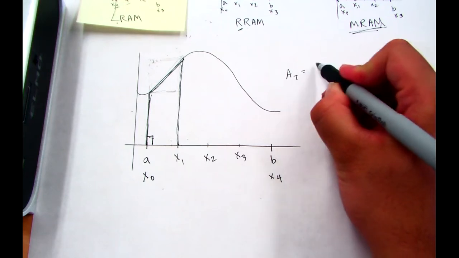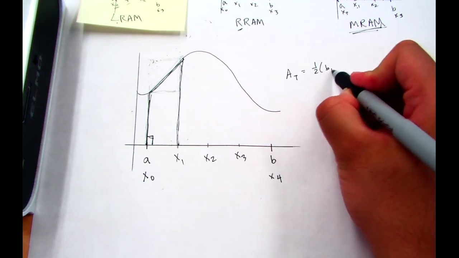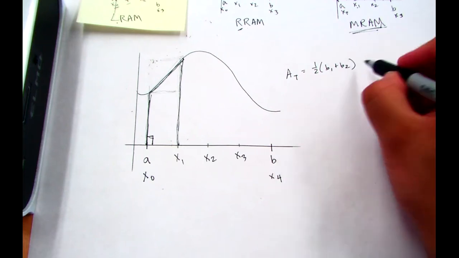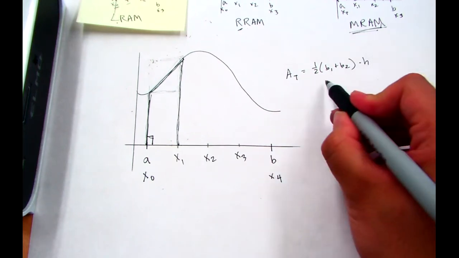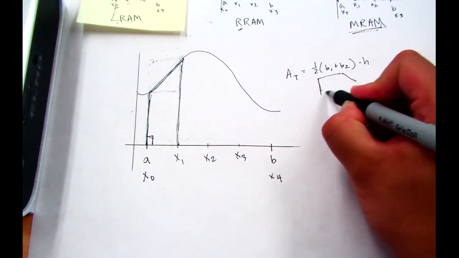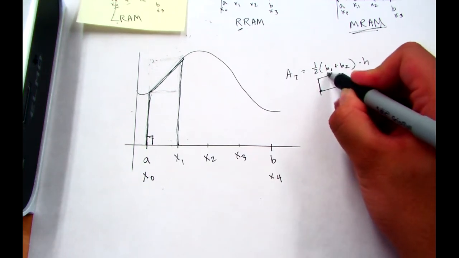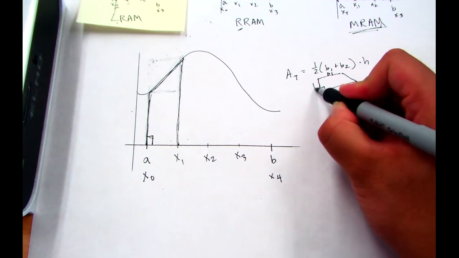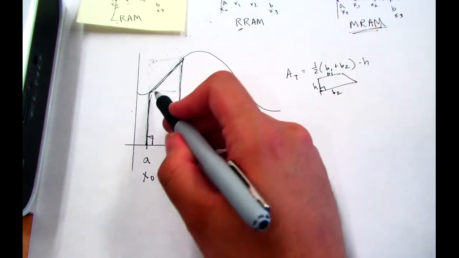So let's do a little bit of review over here. The area of a trapezoid is equal to the average of the bases times the height, which in a conventional trapezoid may look something like this. You have base 1, base 2, and your perpendicular height.